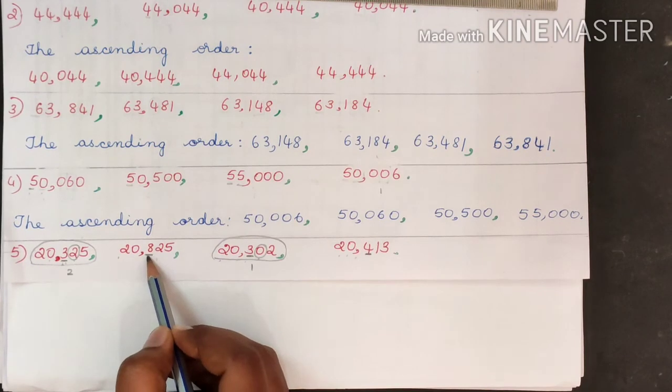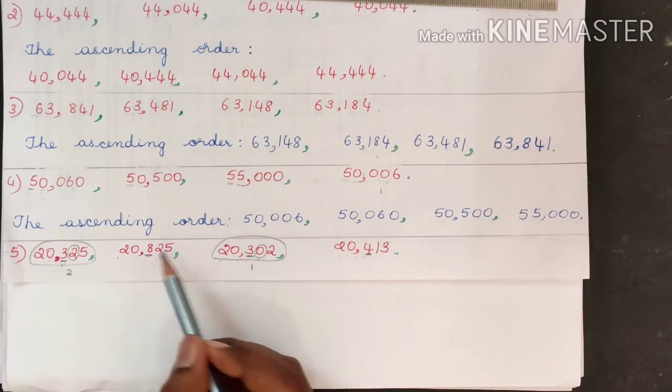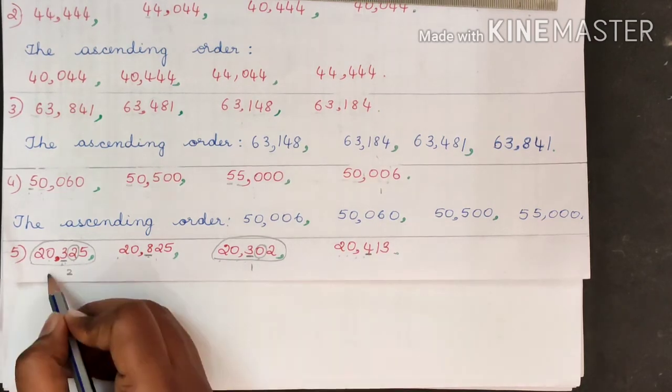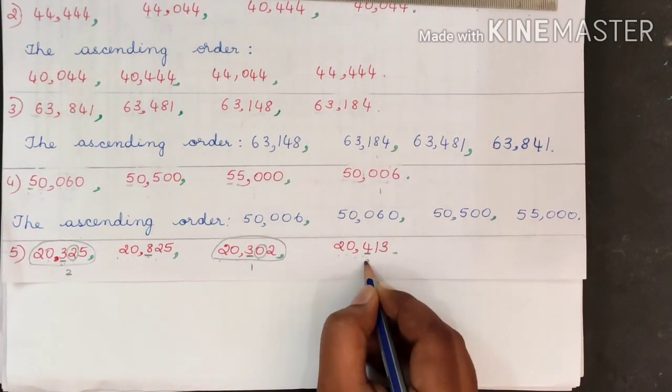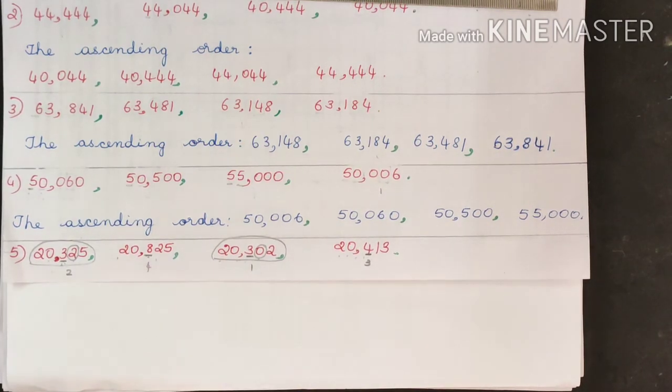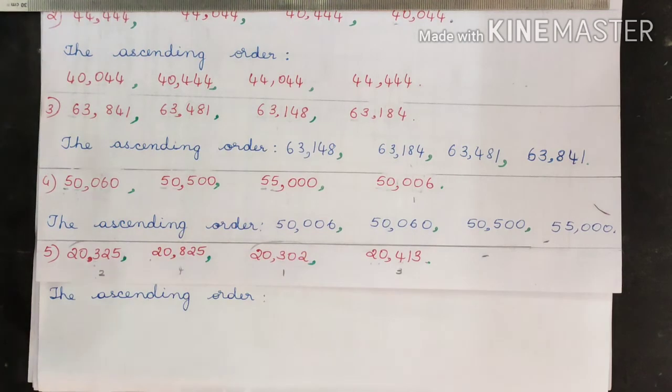2 numbers are over. Now we are left with this and this. We have already underlined 8 and 4. Between 8 and 4, we know that 4 is smaller. So 1 and 2 we have used. This is 3. 4 is smaller. Last comes 8. Children, now tell me what is the ascending order.